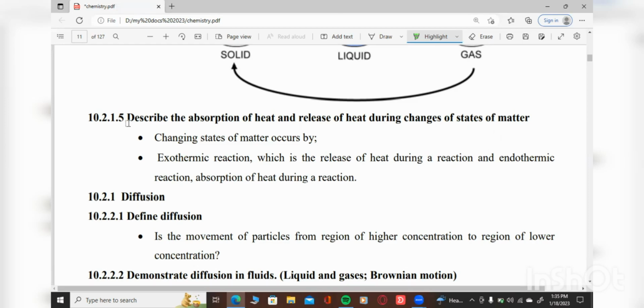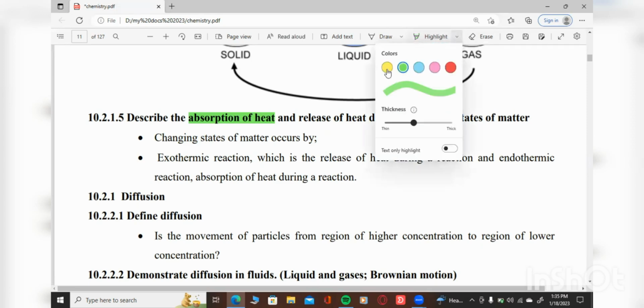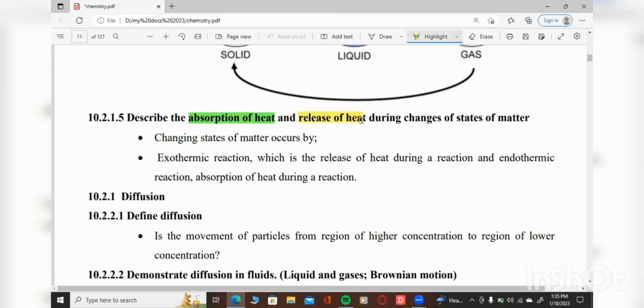So now let's look at the absorption of heat. Number one. Number two, we look at the release. Absorption means the taking in or the receiving of it. The release means the giving out of it during the changes of state of matter.